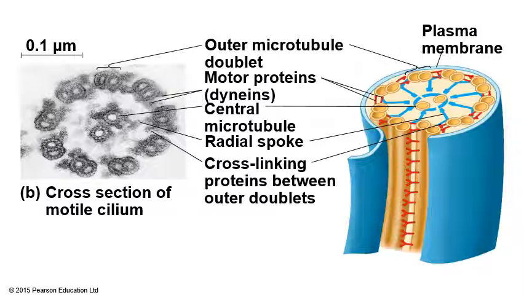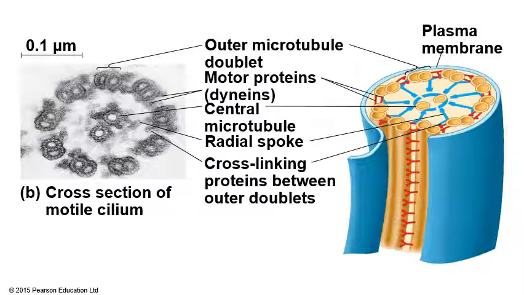This one shows you the structure of a cilium or flagellum. The left-hand side picture is the cross-section of a motile cilium. We can see the microtubule doublets. Doublet means 2 microtubules put together.